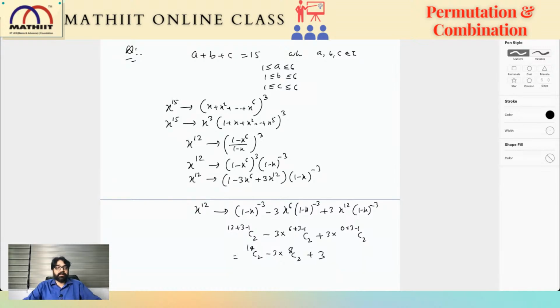What is the answer coming? It will not be a very big answer, I guess. 14 into 13 by 2 is 91. 8C2 is 8 into 7 by 2, which is 28. 28 into 3 is 84. 91 minus 84 is 7. 7 plus 3 is 10. The answer will be 10. Only 10 solutions are there for this equation.